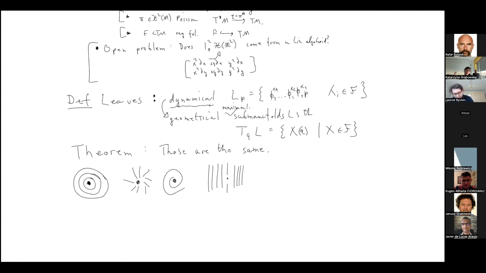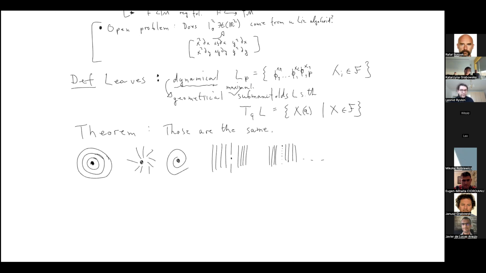There could even be just a row of singularities in a line, etc. So all of these pictures we can generate just as flows of one vector field. A flow of a vector field, the flow lines will always form a singular foliation, or the module spanned by the vector field will. So we don't really have a unique local model, which means that we cannot really mimic the definition of regular foliations using a local model here.